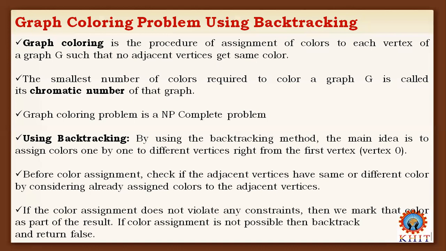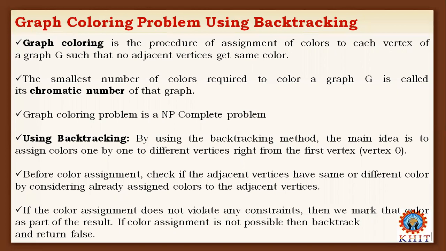The minimum number of colors required for coloring all the vertices in the given graph is considered the chromatic number.